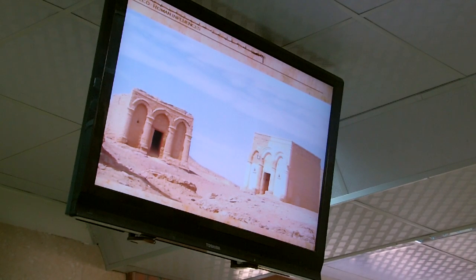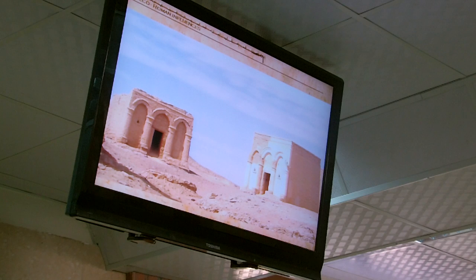This shot shows two shrines side by side, where one incorporates the volute capital, and the one right next to it incorporates the umbrella-shaped Egyptian influenced capital.